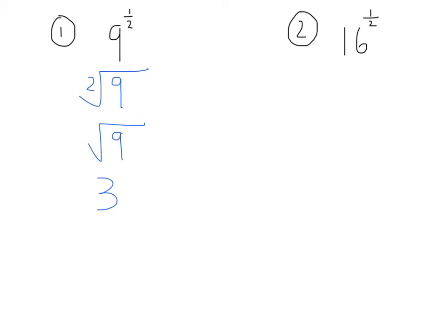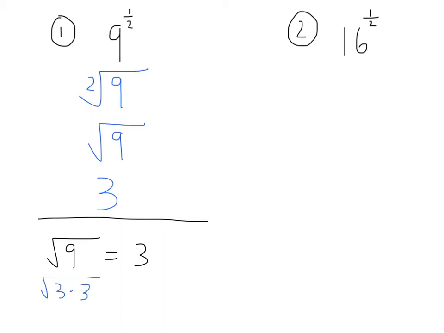So let's think about why that's true. First of all, why is the square root of 9 equal to 3? One way of thinking about that is that 3 times 3 is 9. But you can also think of the square root of 9 as the square root of 3 times 3.